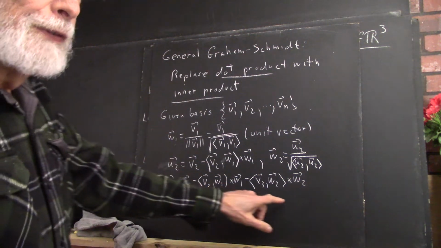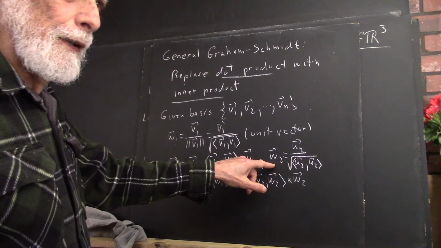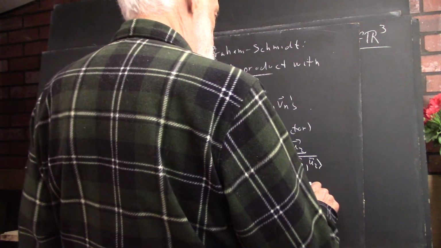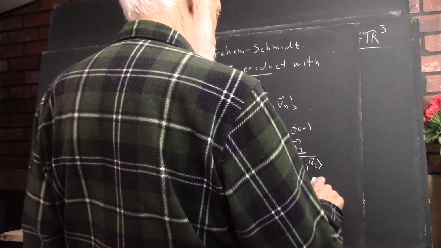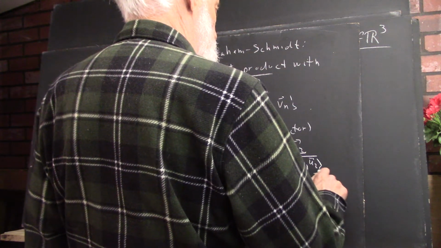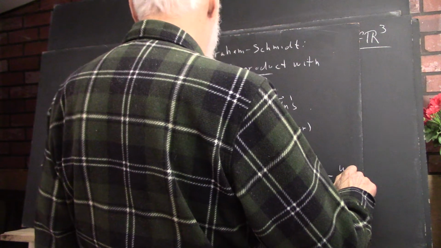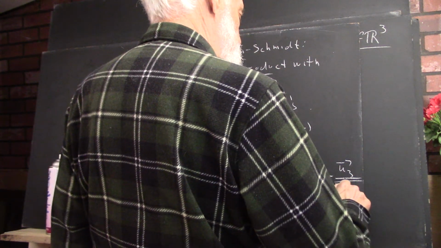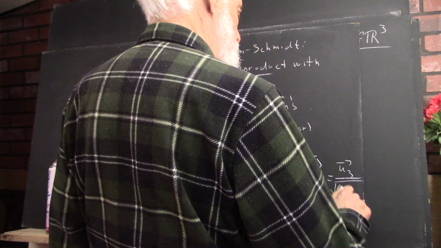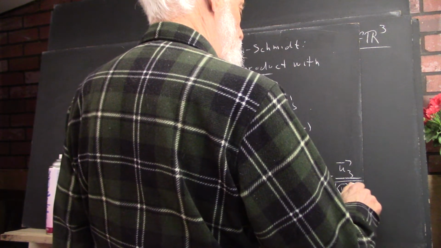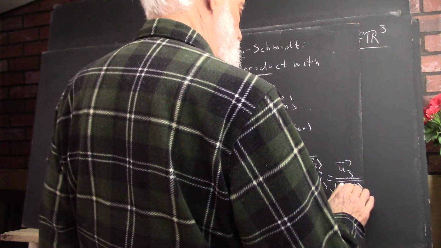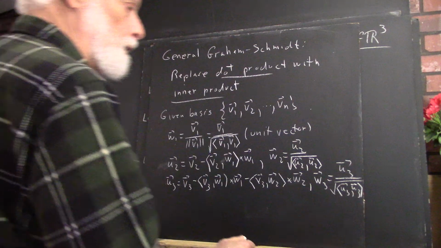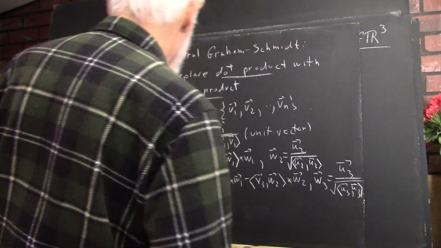Remember, these projections simplify due to the fact that W1 and W2 are both unit vectors. So now W3 equals U3 over the square root of the inner product of U3 with itself. Maybe a little hard to read, but there it is.